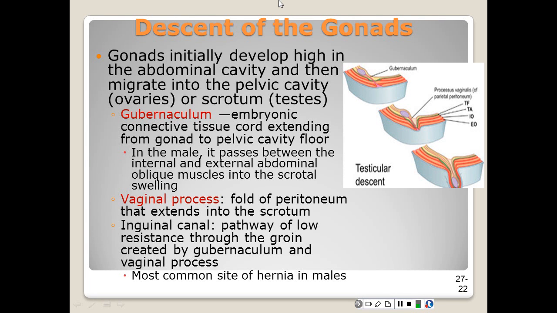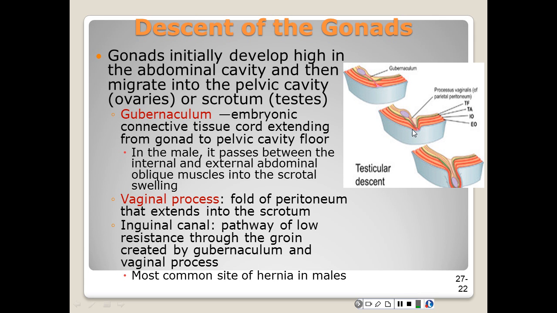Now, in males, what's going to happen? The gubernaculum continues to grow, and it's going to pass between the internal and the external abdominal oblique muscles, and then into the scrotal swelling. Here we see it here.